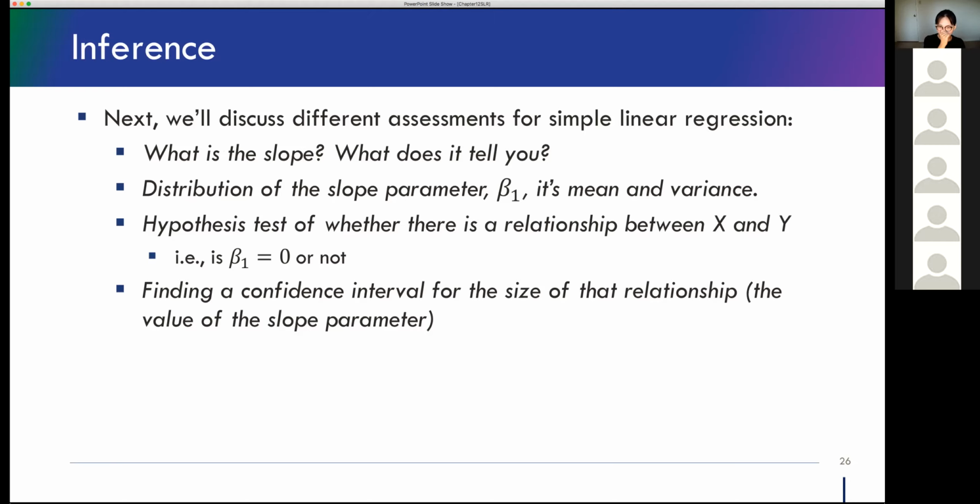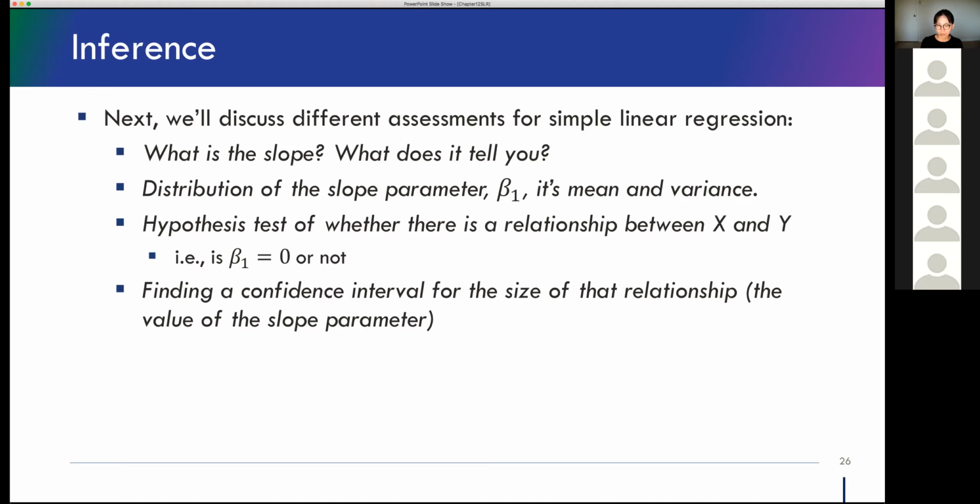Before we get to the mathematics, I think the most important thing for this chapter of linear regression is the interpretation. How do you interpret your slope beta 1? And later, after we learn this, we will talk about the hypothesis test on this slope, so that we can tell whether there is a relationship between x and y.